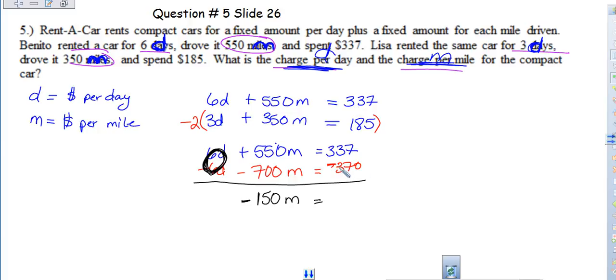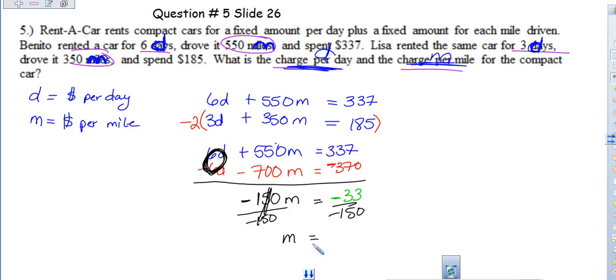So then we'll do 337 minus 370. And that's going to give me a negative as well. And that will give me 33. Okay. And then we'll divide by m. So you'll get negative 150 here, negative 150 there. And that gives me 1.